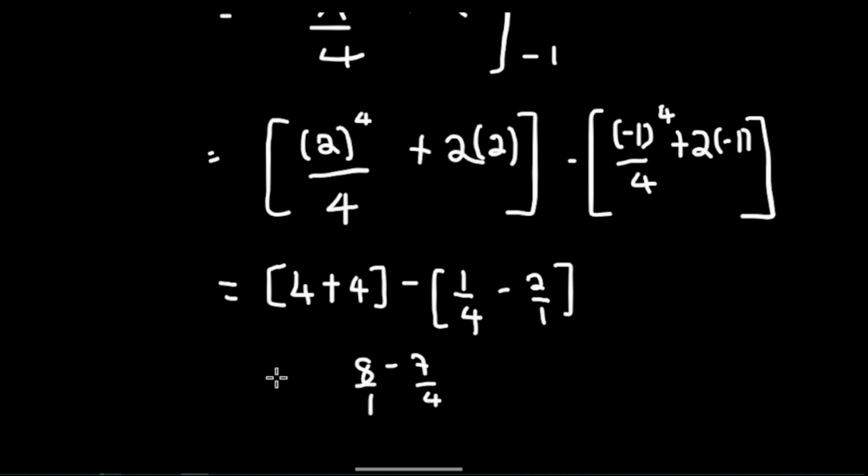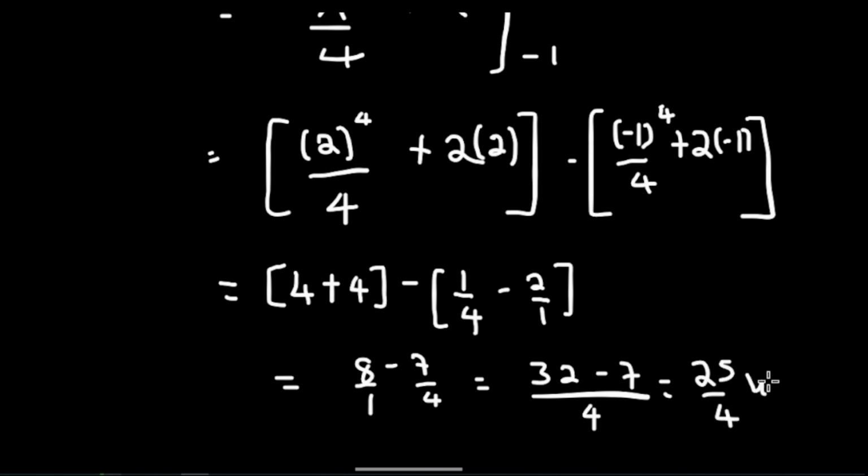We can put this over 1. Lowest common denominator 4. 4 times 8 is 32. 32 minus 7 is 25. So then our area is 25 over 4 units squared.